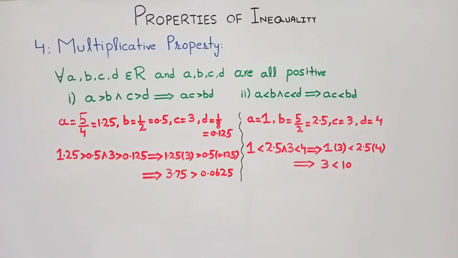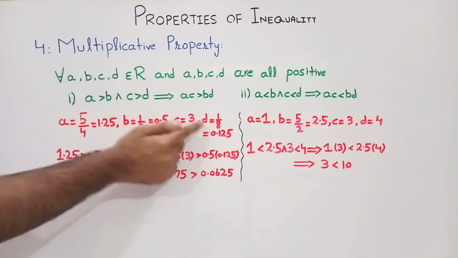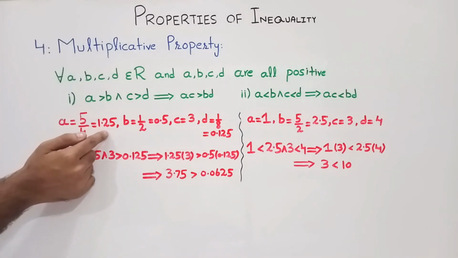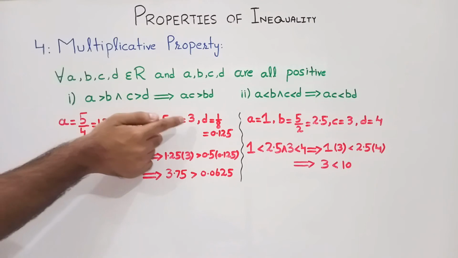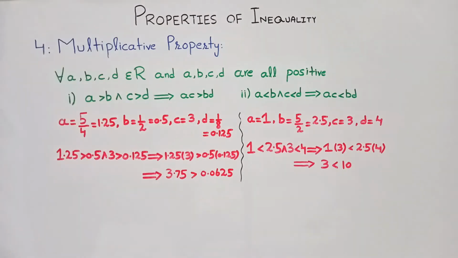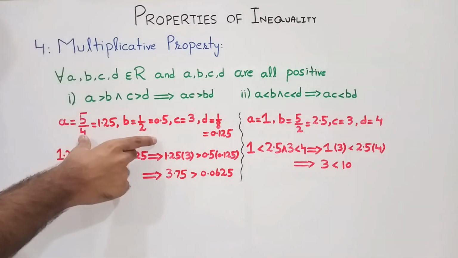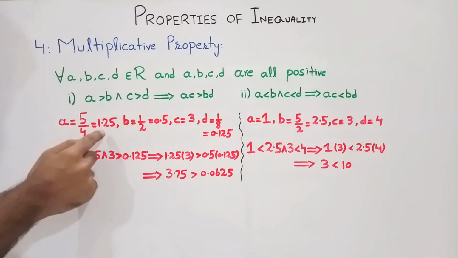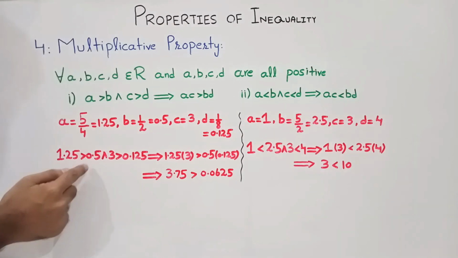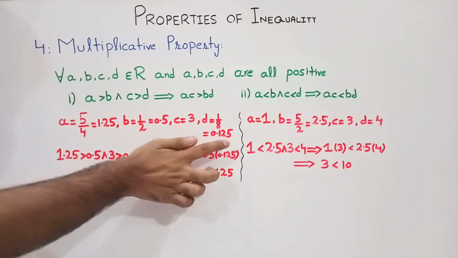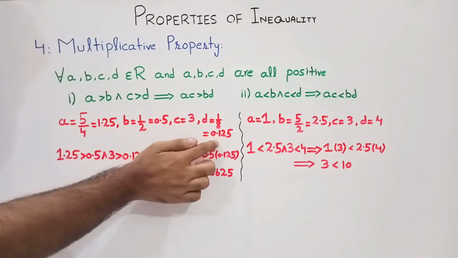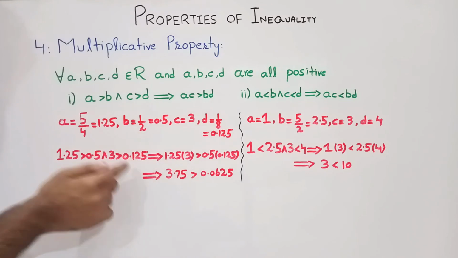Let's say we have four real numbers A, B, C and D. A is equal to 1.25, B is equal to 0.5, C is equal to 3 and D is equal to 0.125. From these numbers we can say A is greater than B, as 1.25 is greater than 0.5, and C is greater than D, as 3 is greater than 0.125.